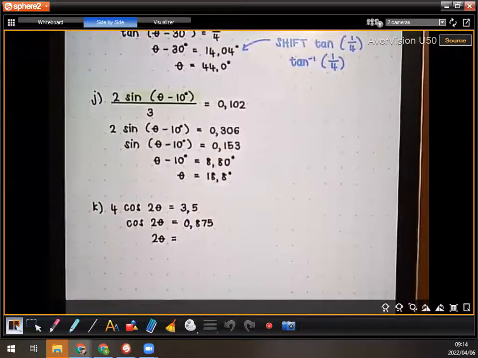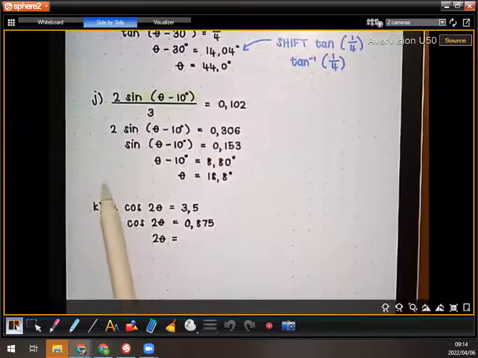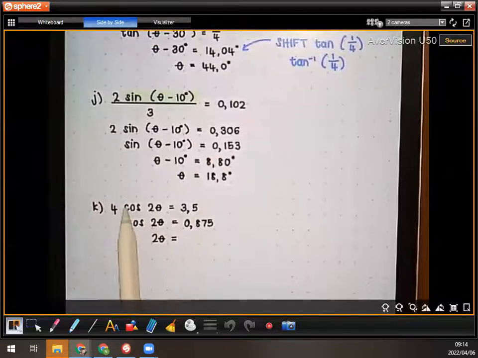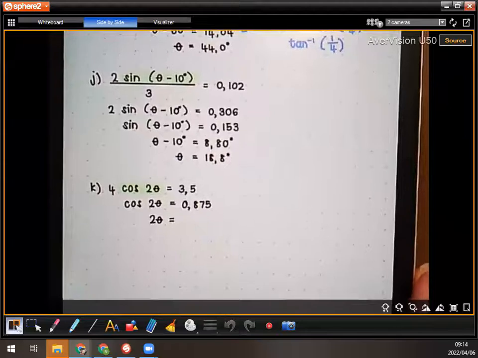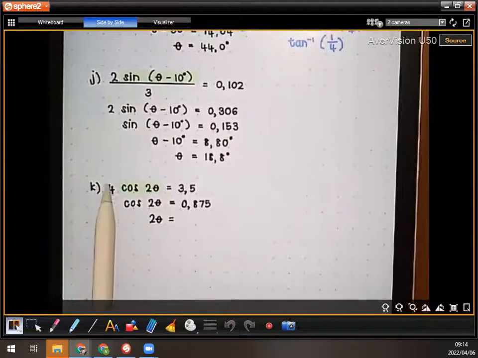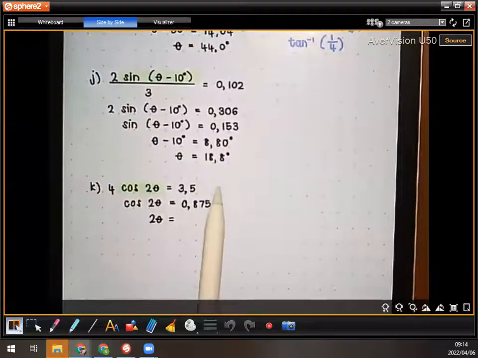Now, for the next one, guys, it's 4 cos 2 theta. So now the whole angle is 2 theta. I want to get cos 2 theta on its own. To do that, I need to get rid of the 4 that's in front. So I'm going to say 3.5 divided by 4, and that gives me that answer. It actually comes up as a fraction, I think 7/8, which you are obviously more than welcome to work with.